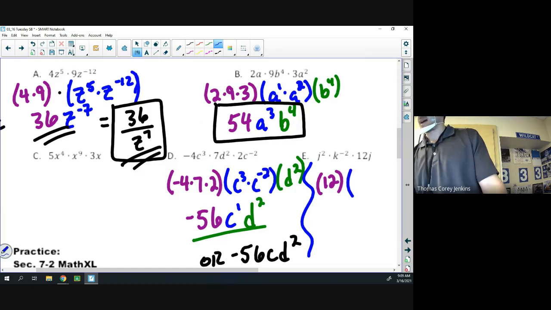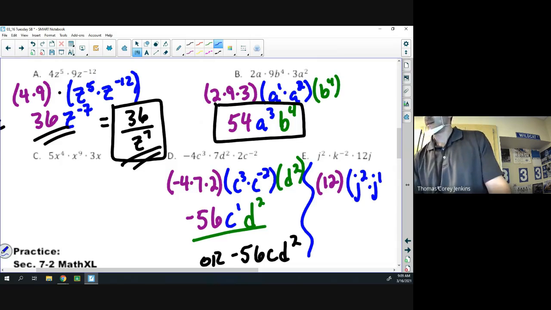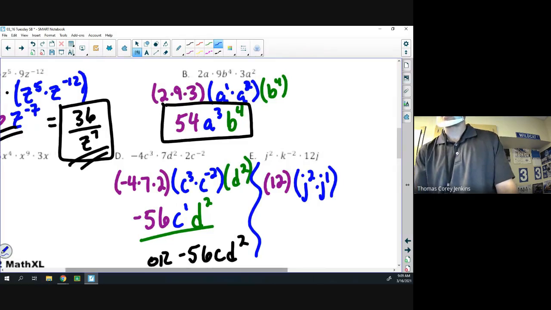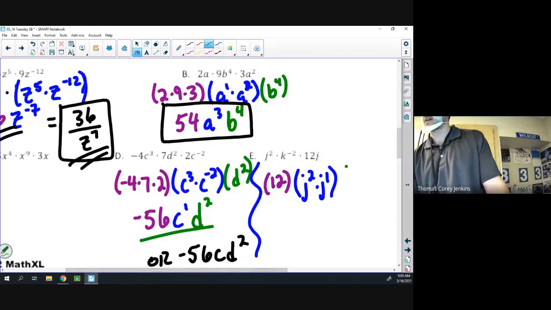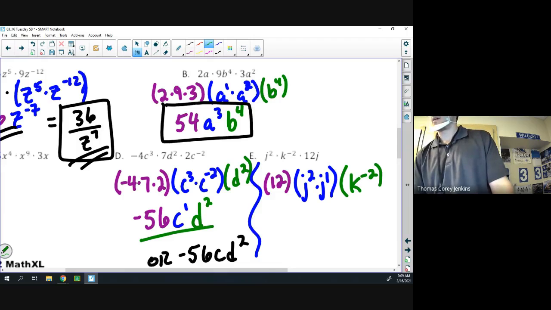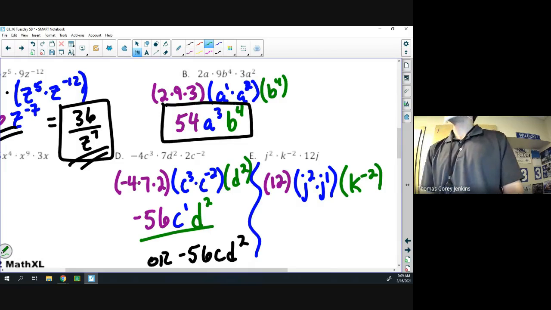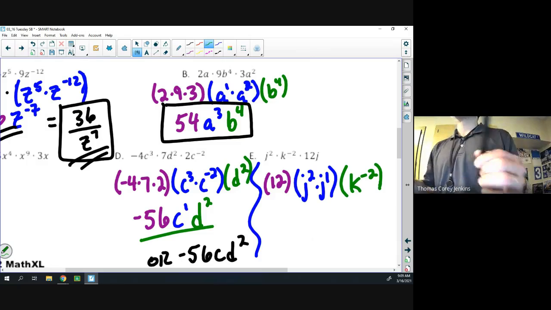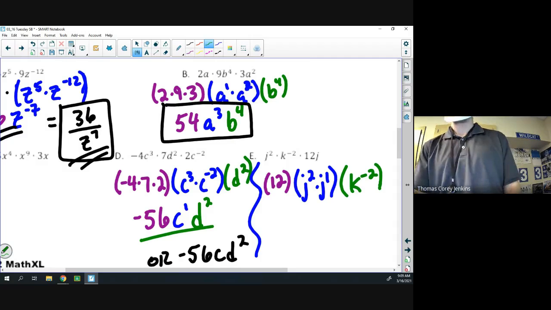My j parts are j squared times j to the 1. And then my k part is just k to the negative 2. And I'm not changing anything when I flip the order around here. I'm just putting almost like the like terms together, okay?